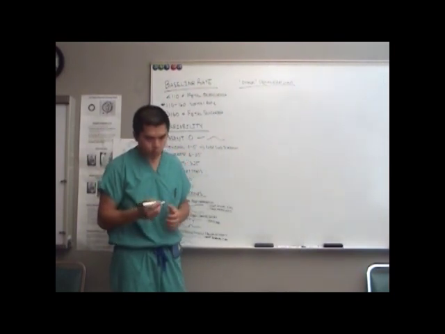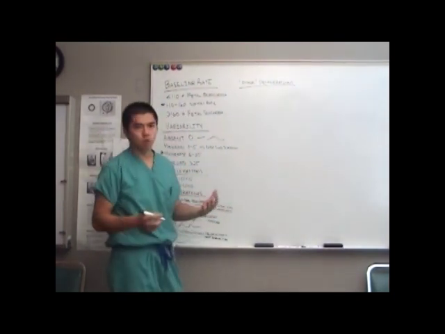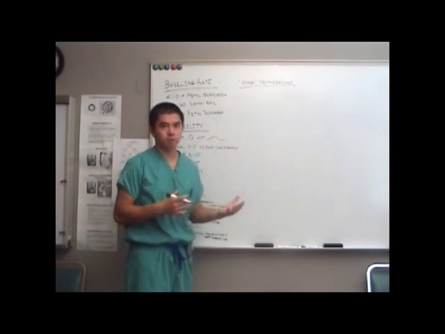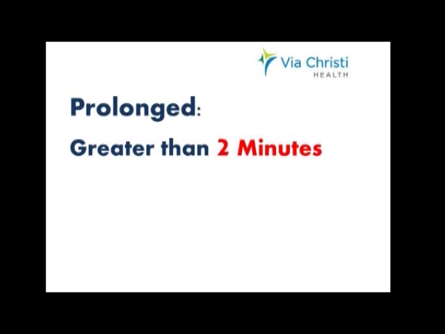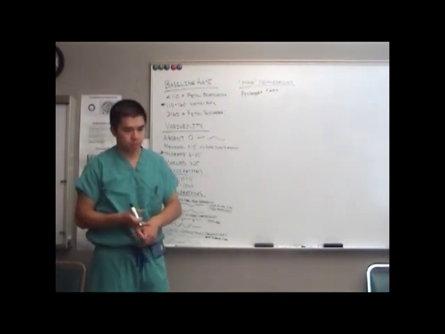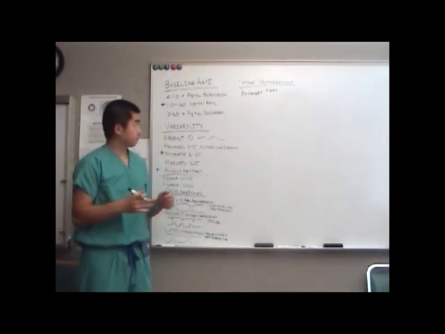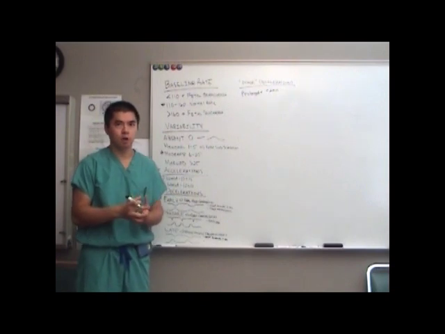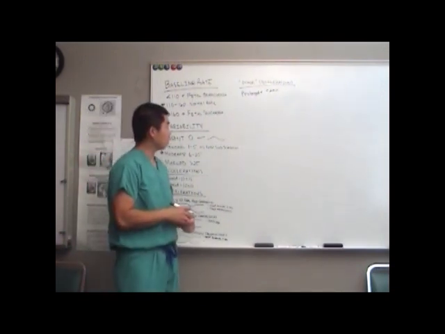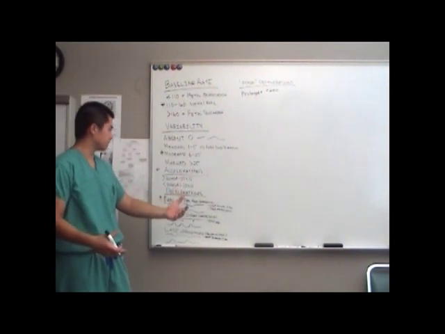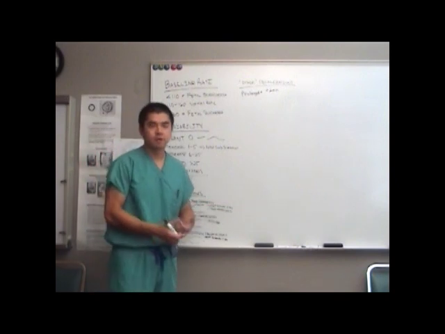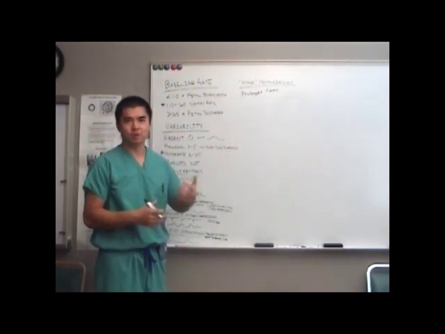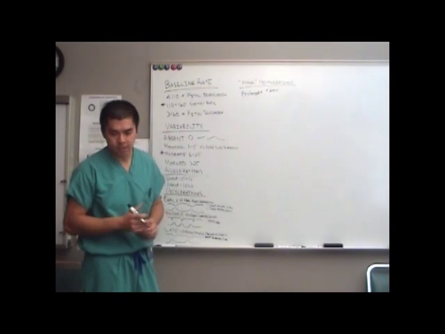One of them is the term prolonged. That term is used for both accelerations and decelerations. So what does prolonged mean? Prolonged equals greater than 2 minutes. So if you have an acceleration or a deceleration that's greater than 2 minutes, then it's by definition prolonged. The reason why I consider another type of deceleration is that if it's a prolonged early or late, you can't really say it's a prolonged early or late. It's just a prolonged decel because it's lasting probably beyond the contraction.